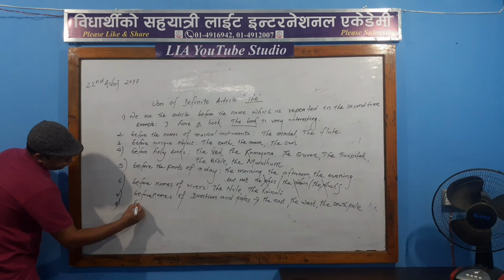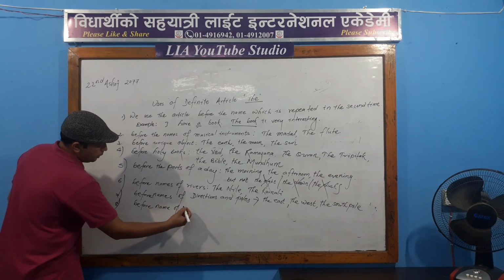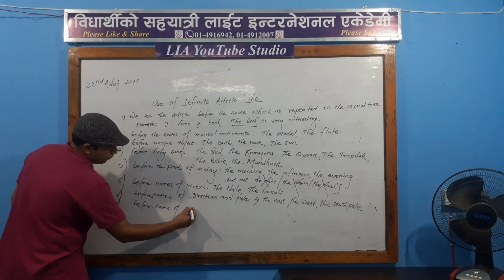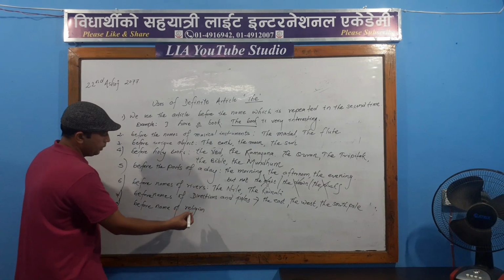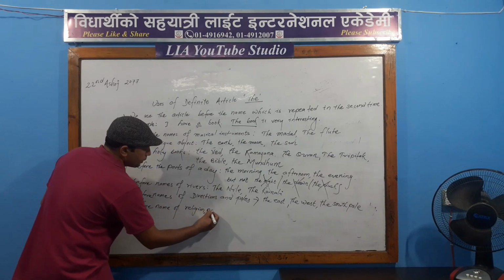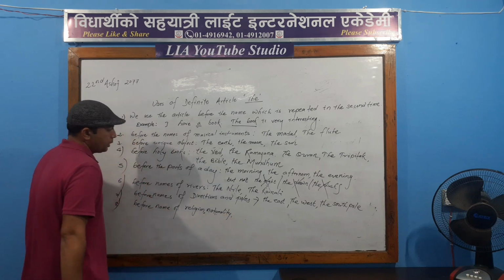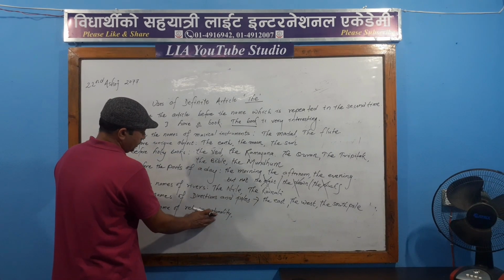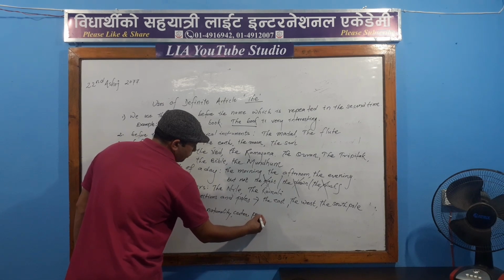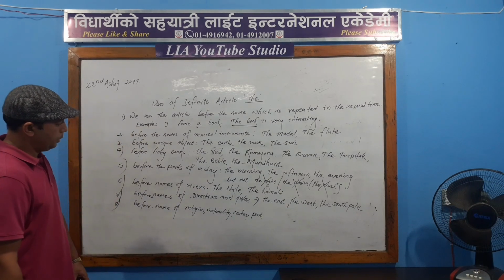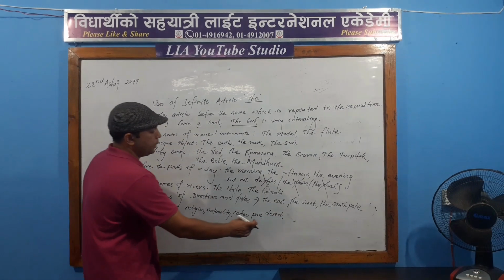Then number 8, before names of religion, nation, nationality, caste, post or position, and then before names of desert, before names of ordinal numbers.